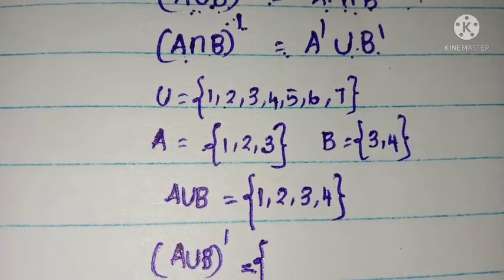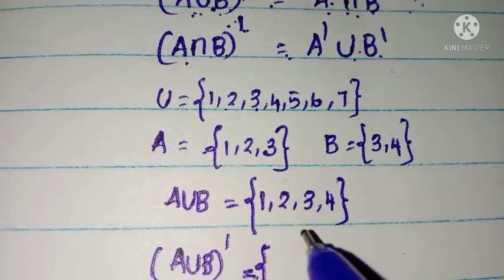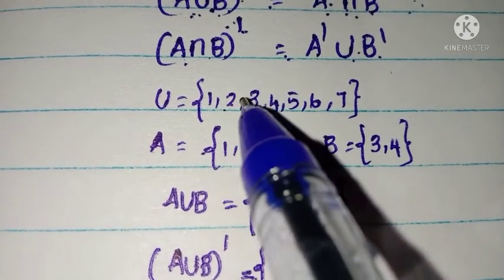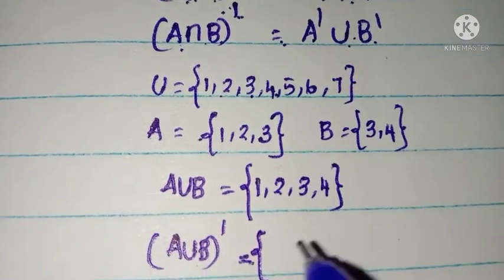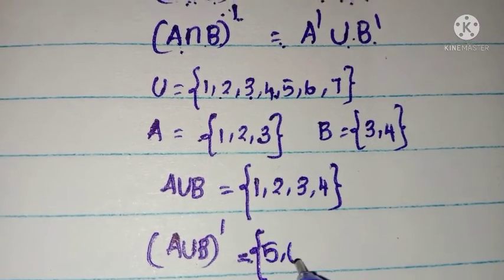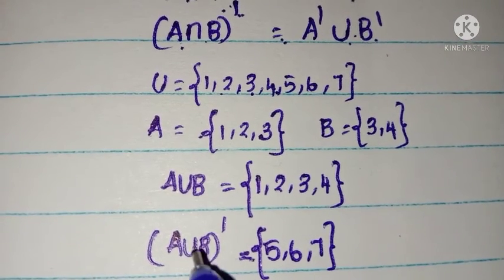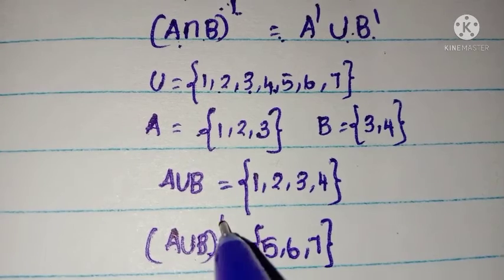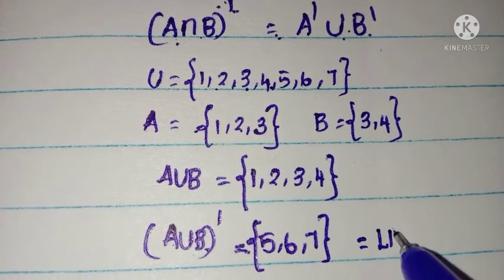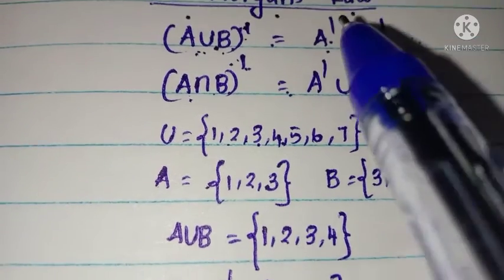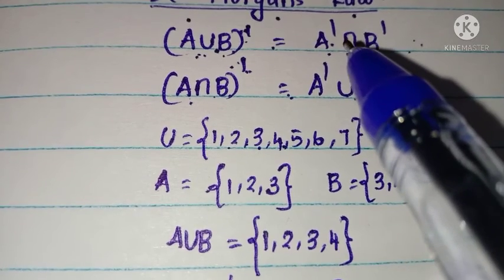So from here we are going to eliminate 1, 2, 3, 4. Then the remaining elements are 5, 6, 7. This is our (A union B) whole complement.